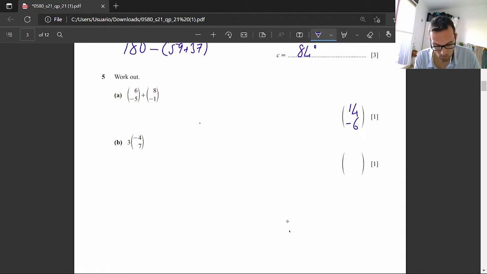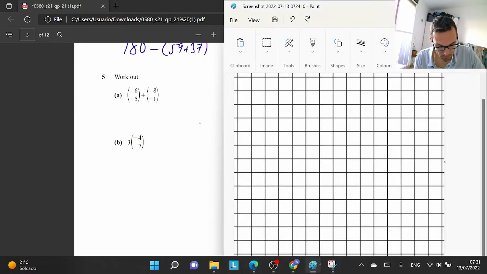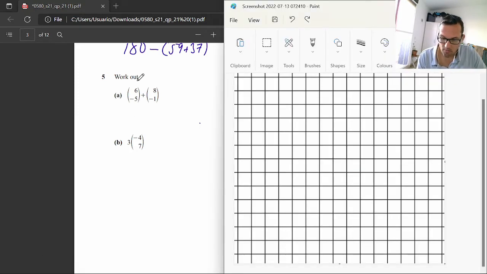Let me show you what we're actually doing here. So a column vector of 6, minus 5 means we start at one point and we move 6 units to the right, and the minus 5 means we're moving 5 units down.